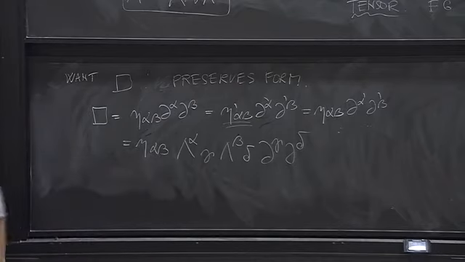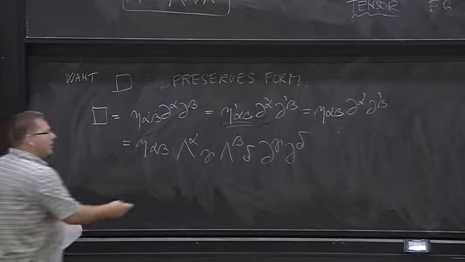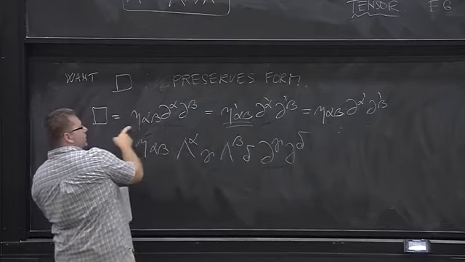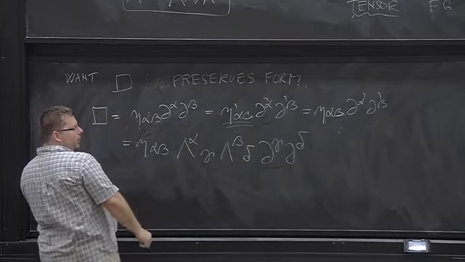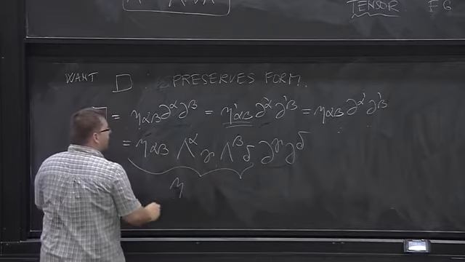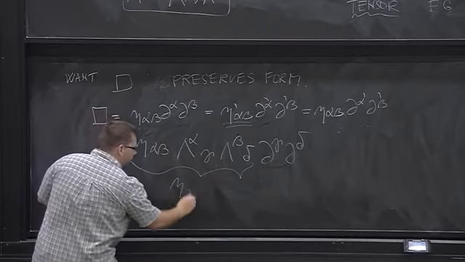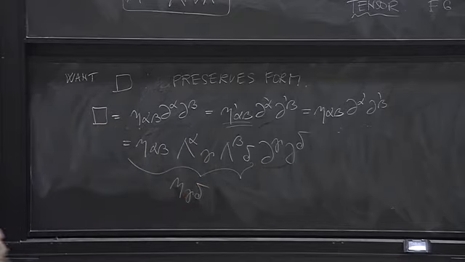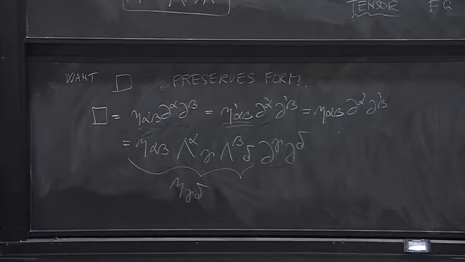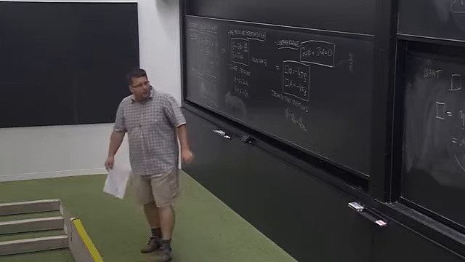Now this is a perfect opportunity to rename the dummy indices. What you require is that this thing be the same as the original, which is only true if this thing is eta gamma delta. Then I can rename gamma to alpha and delta to beta, and they'll be the same thing. They're just dummy indices, I'm summing over both. So you require that this is true.